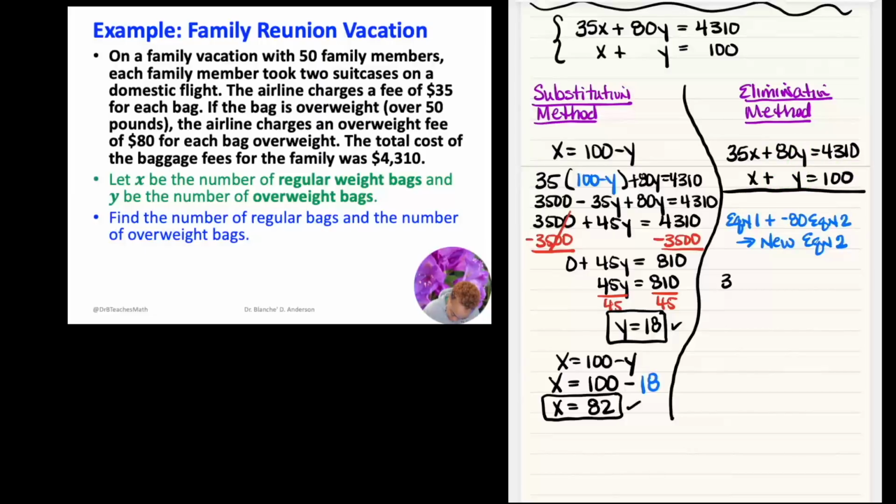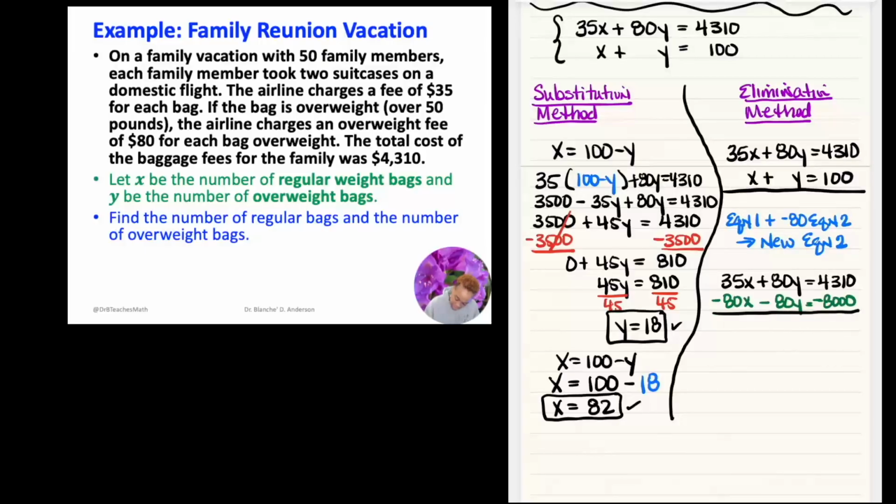So I have 35x plus 80y equals 4,310. And then when I do my negative 80, minus 80x minus 80y, and then minus 8,000. Okay.